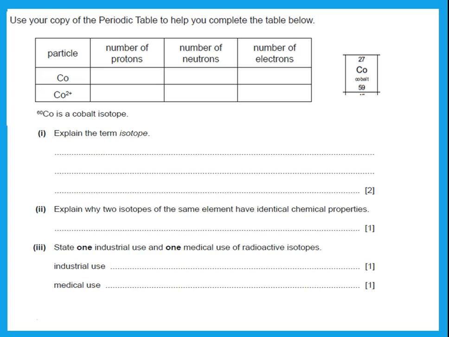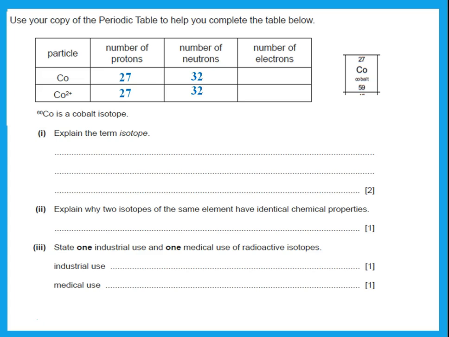So how many protons? It's 27, for both of the cobalts. Any cobalt will have proton number 27. The number of neutrons is the difference between the big one and the small one. So 59 minus 27, that's 32 in both cases.